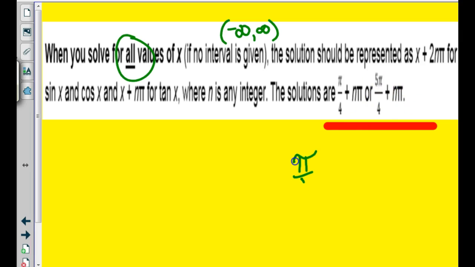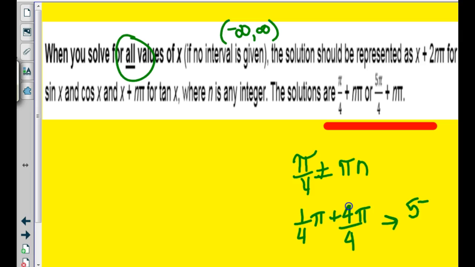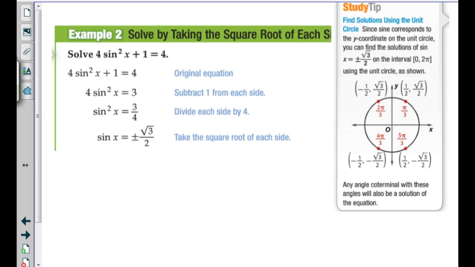You actually don't need both of those because if you add pi to, I'm sorry, 1 pi over 4 plus pi, what would you get? 1 over 4 plus 1, which would be 4 over 4. You would get, okay, so this one, because you add 1 pi, gives you this one. You really don't need both of those. You could have one or the other. I don't care if you have both.